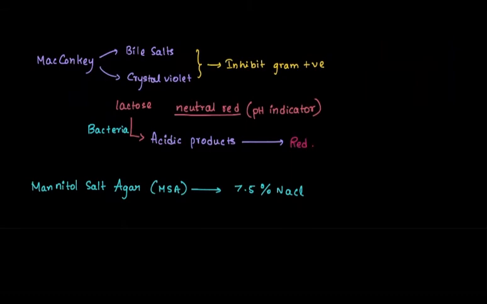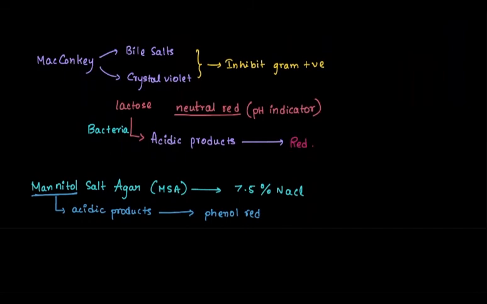And since it has got mannitol here, the bacteria can use this mannitol as a carbon source. And again, this would form acidic products. And this has the pH indicator phenol red in the medium.